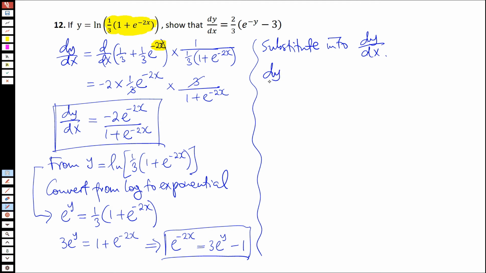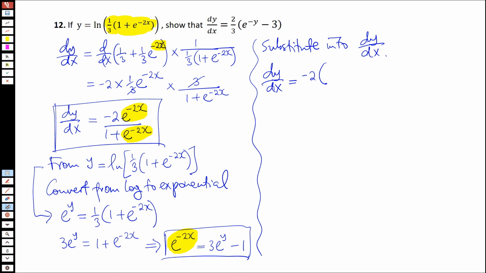So we'll have dy over dx being equal to negative 2 multiplied by this, because now this is what we are substituting, that and that, and in place of that we want to plug in that.